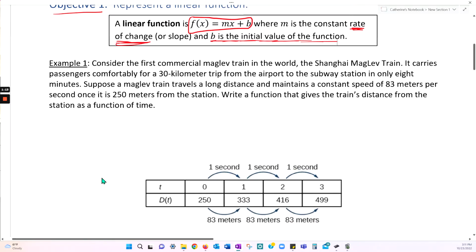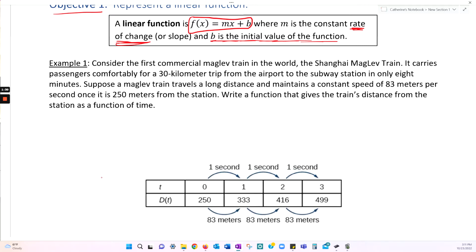So example 1, consider the first commercial maglev train in the world, the Shanghai maglev train. It carries passengers comfortably for a 30-kilometer trip from the airport to the subway station in only 8 minutes.